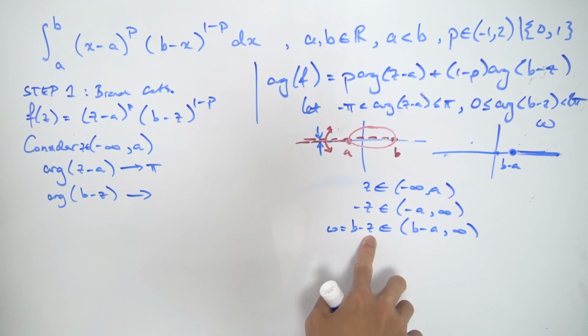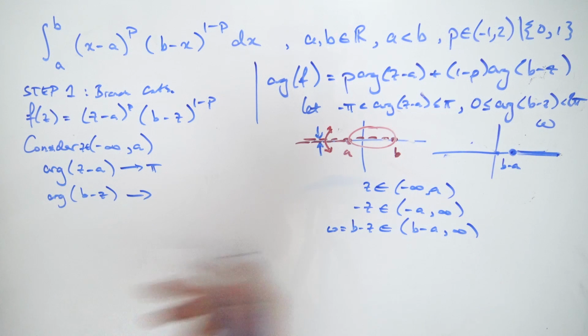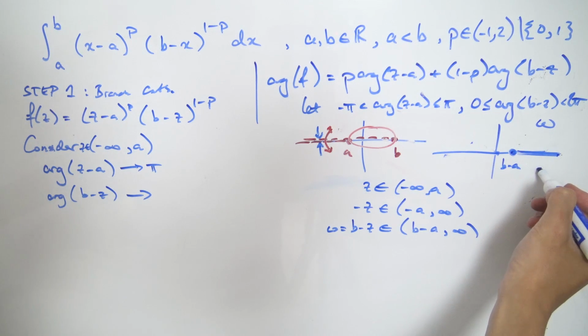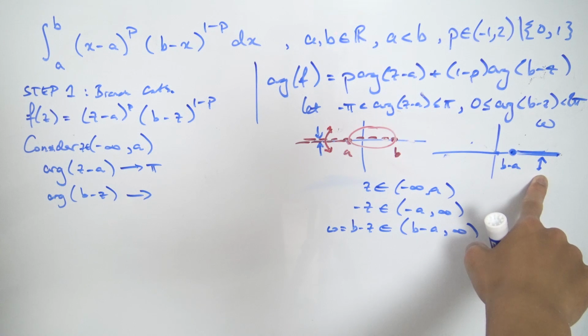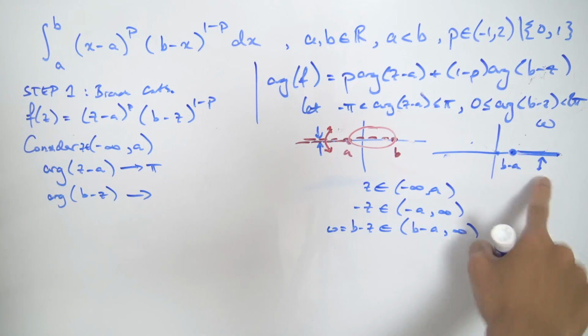But over here, since we have b minus z, our imaginary part is in fact going to initially be negative and reducing. So on the w plane, our imaginary part is negative and reducing, which means as z approaches from above, w will approach from below, and the argument will end up being 2 pi.